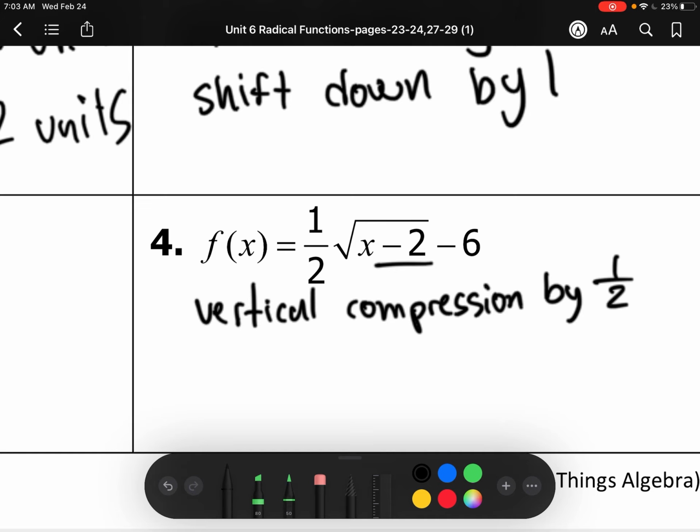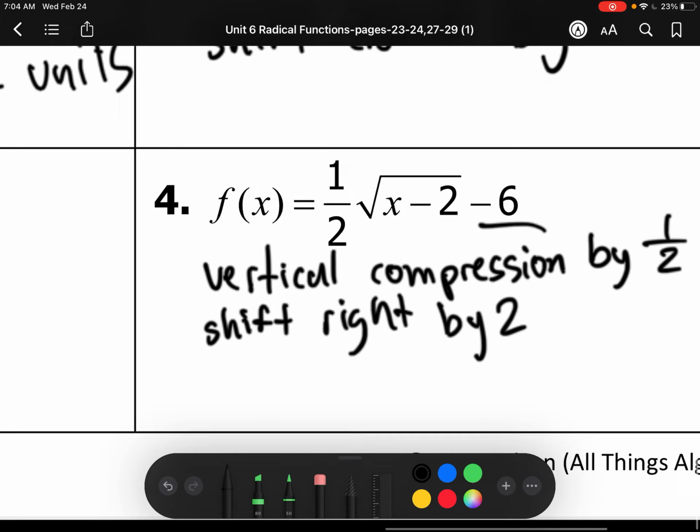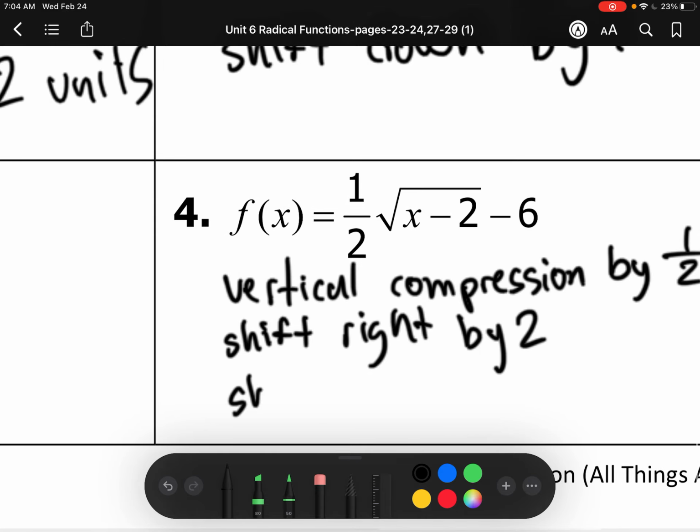We have a negative h value, which represents a shift right by 2. And then we have a negative k value, which represents a shift down by 2.